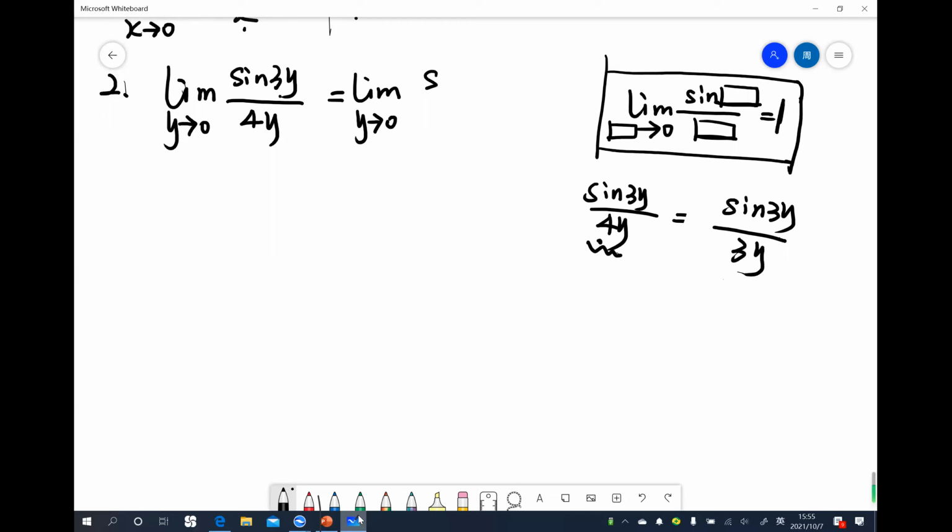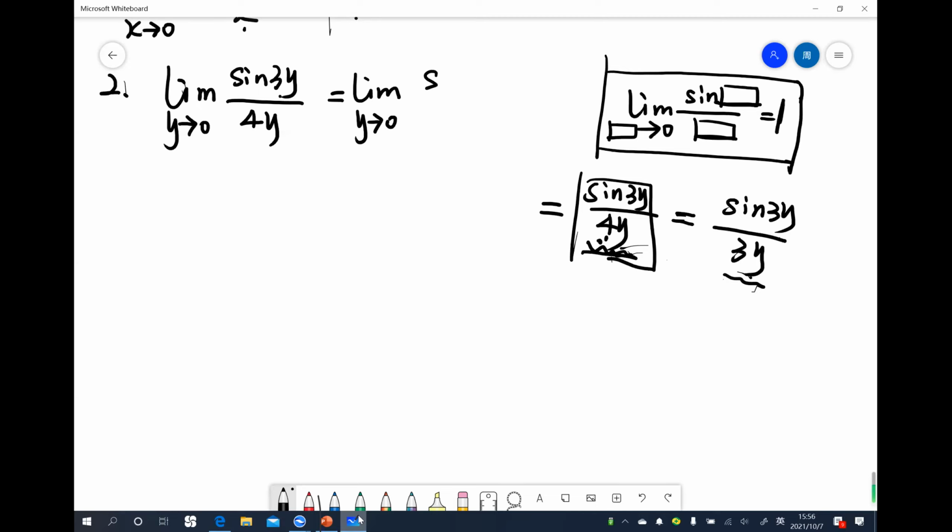But the original function is 4y, right? So they are different, they are not the same. So I have to times some constant to make these 2 parts the same. So here you can see, I can rewrite this part. Again, I first take the constant out. And the constant here is 1 by 4, right?